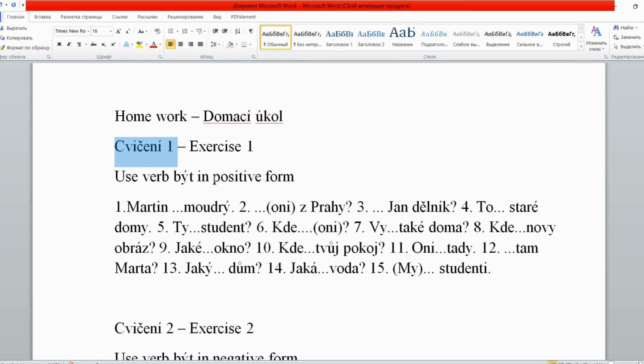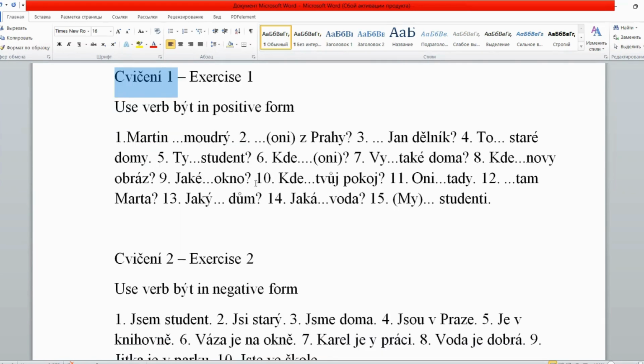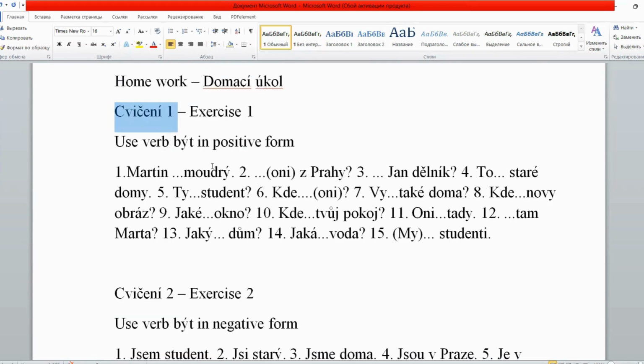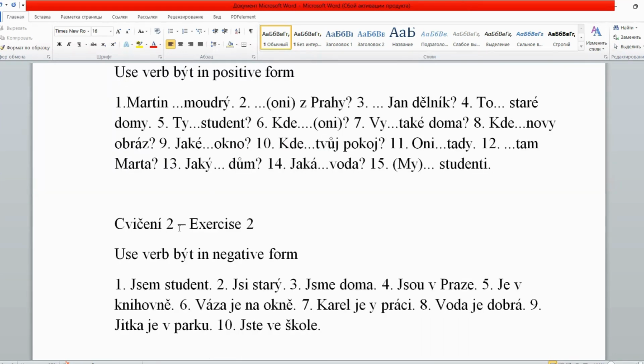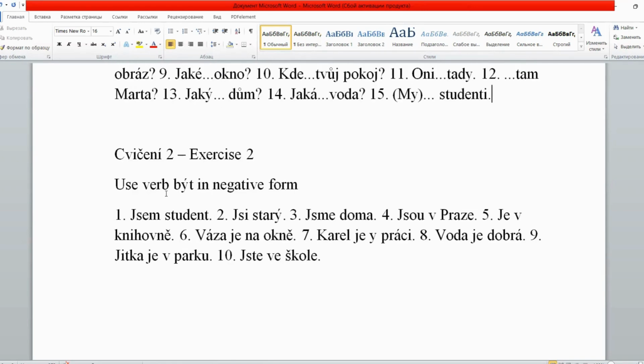Cvičení. And you have to use the verb být in the positive form in these sentences. In each sentence, you need to use the positive form of the verb to be. And also, cvičení 2, exercise number 2, you must use the verb být in the negative form. It's for practice.